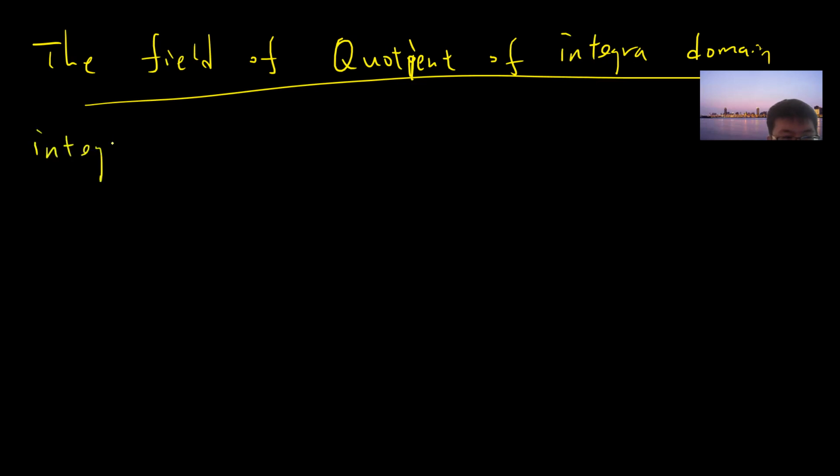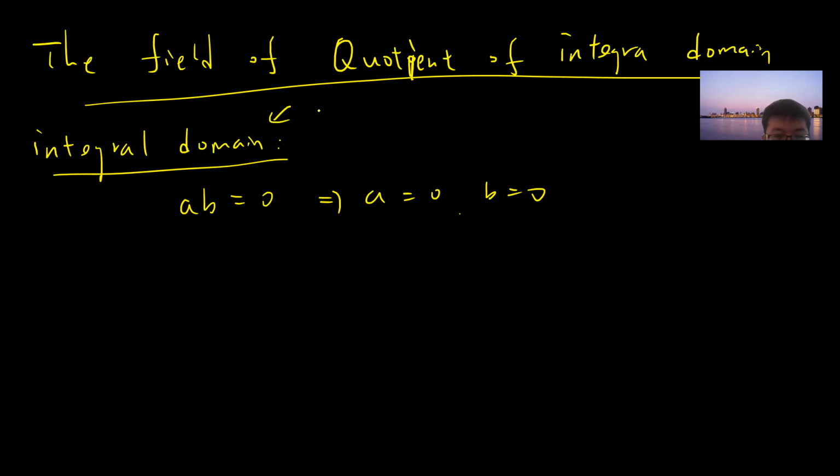Let me quickly remind you, an integral domain means that if ab = 0, you must have a = 0 or b = 0. An integral domain is by default commutative with unit. Our goal is to start from an integral domain and construct a field.